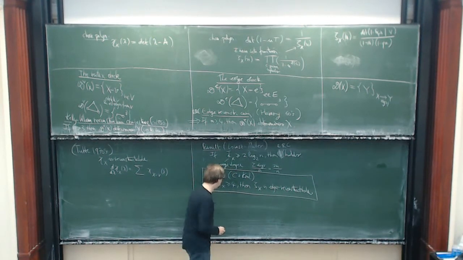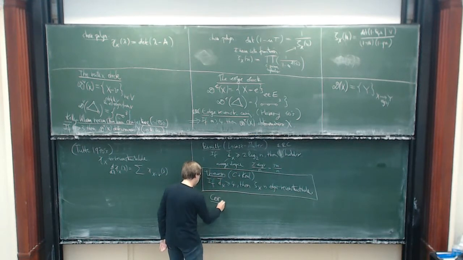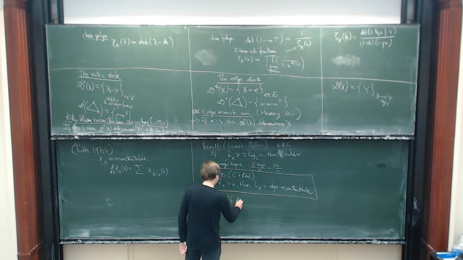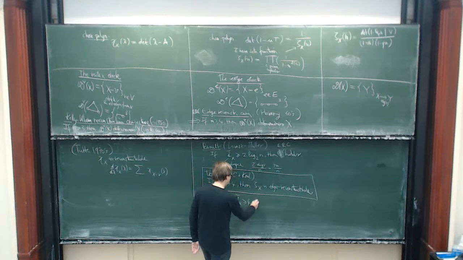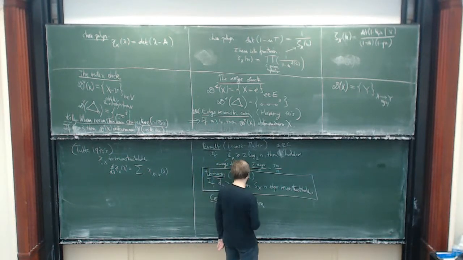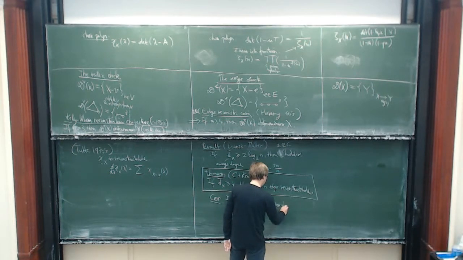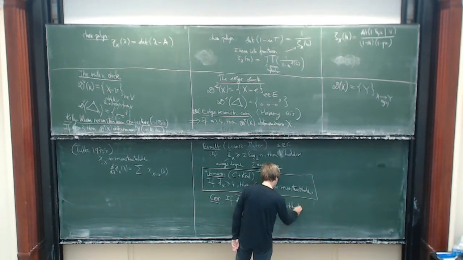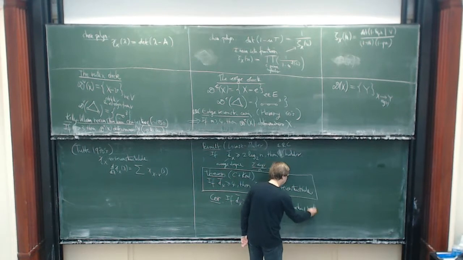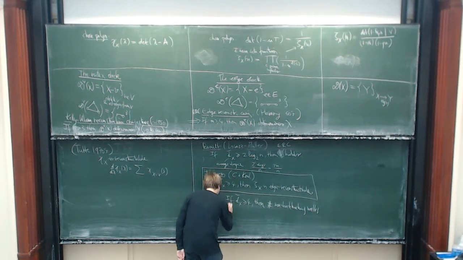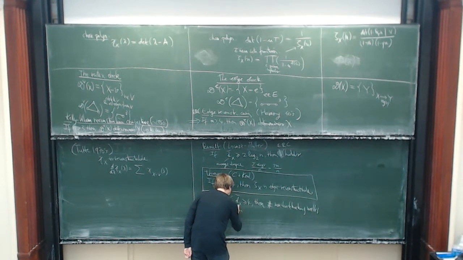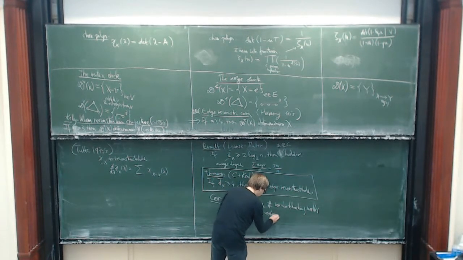And this is maybe a corollary of this thing: if the average degree is larger than or equal to 4, then the number of non-backtracking walks of given length is edge reconstructible.